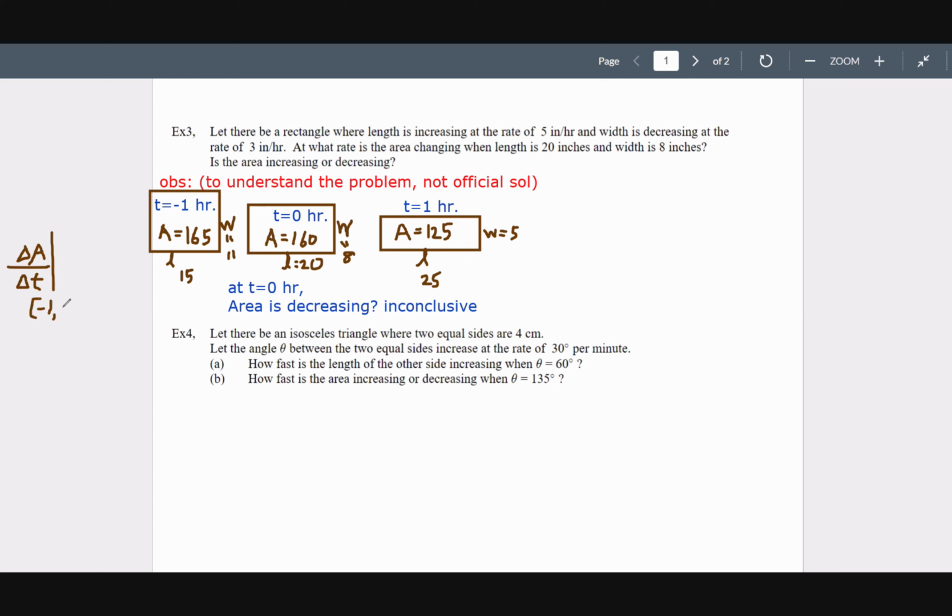We can put a notation like this. Then this would mean the average rate of change, that is the change in area per change in time, between t equals -1 to 0.